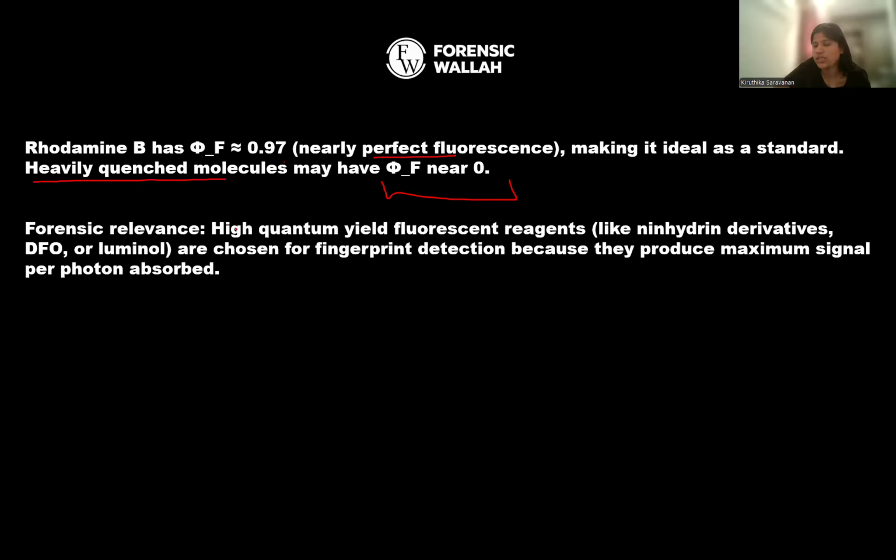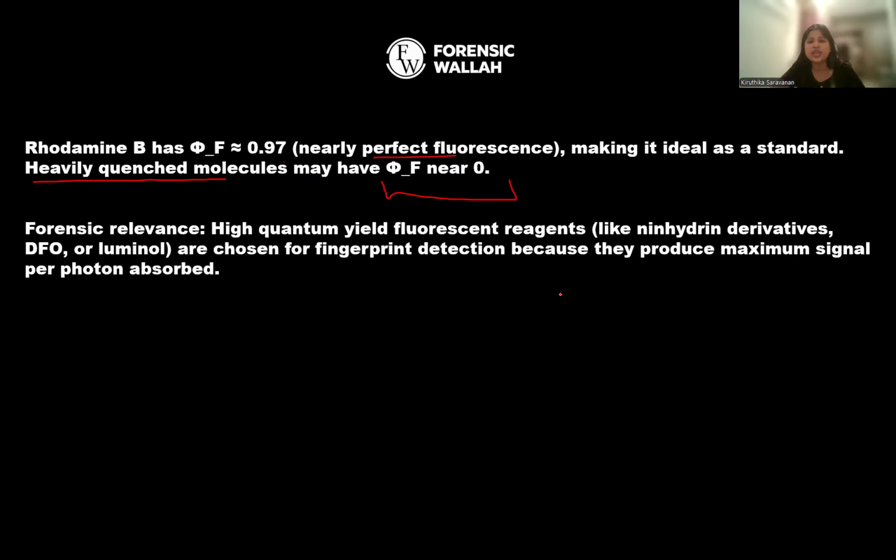So what is the forensic relevance of this? High quantum yield means it yields fluorescent reagents like ninhydrin. Ninhydrin is another chemical reagent which reacts with the amino acids of sweat in your fingerprint. A fingerprint has some sweat, right? So it reacts with the amino acids of the sweat and helps in detection of latent fingerprints.